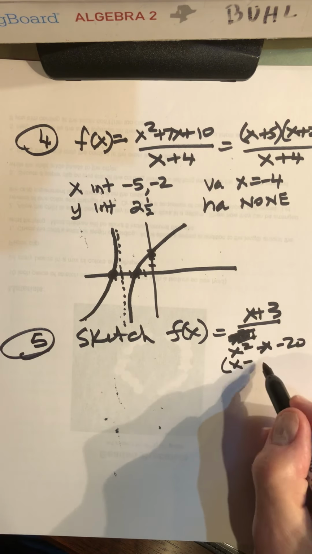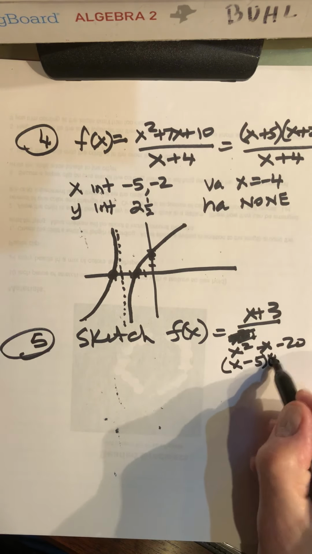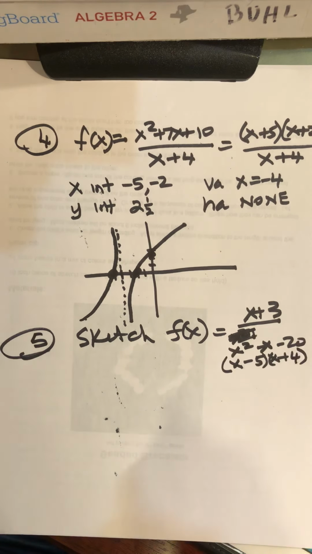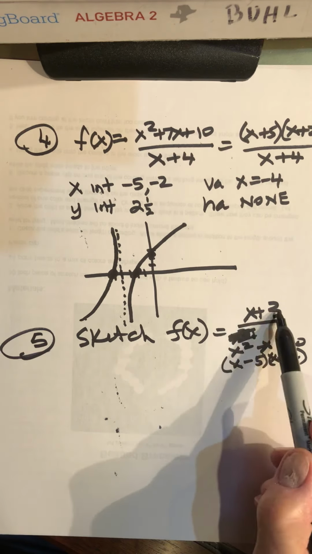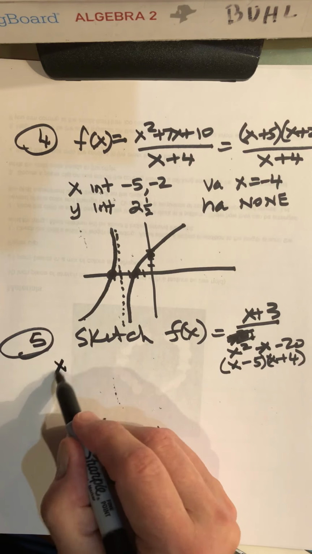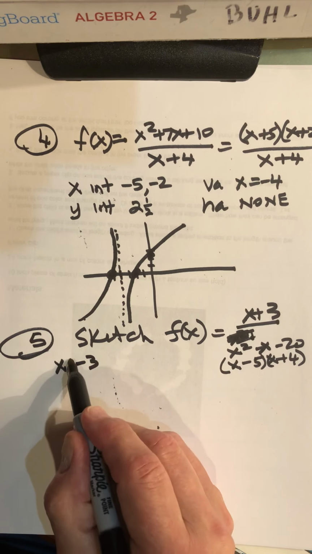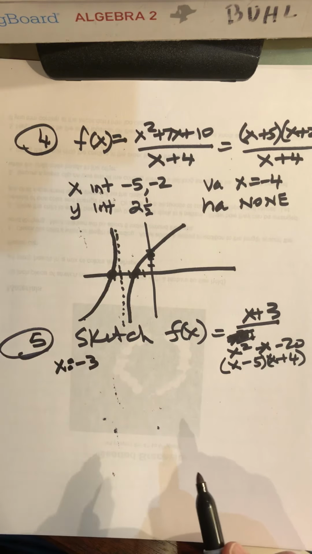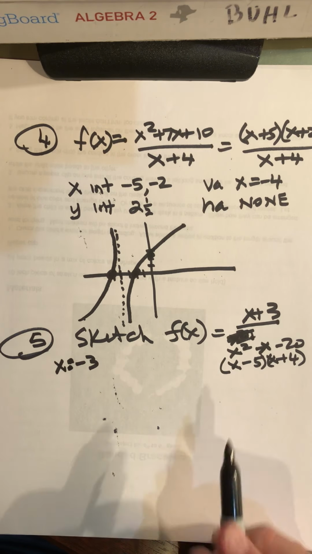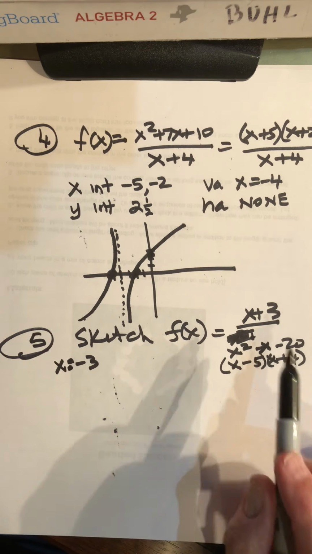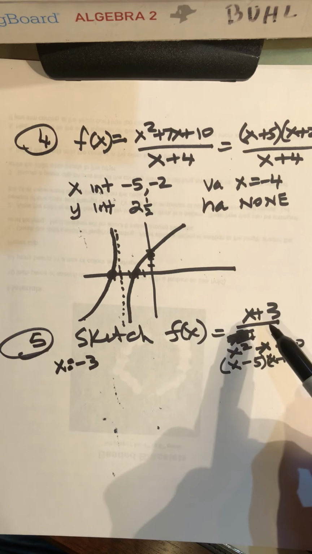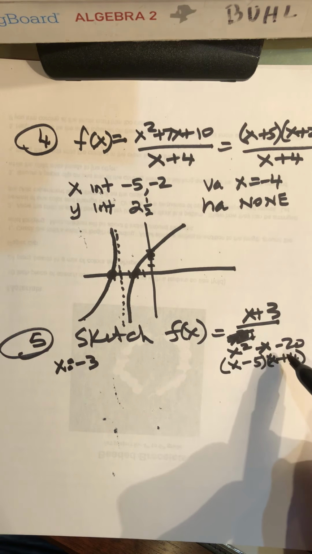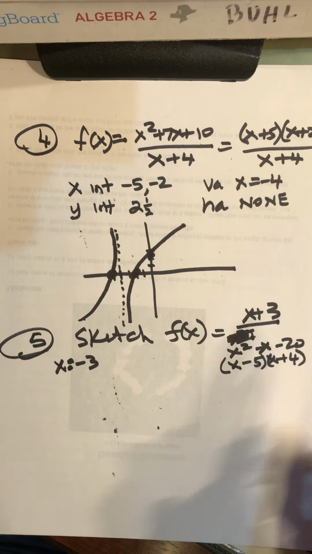That's x minus 5, x plus 4. Okay. So, x-intercept, that would make the numerator 0. So the x-intercept is -3. What about the y-intercept? That would be where x is 0, so that would be 3 over -20.